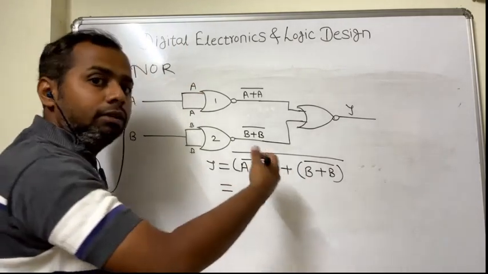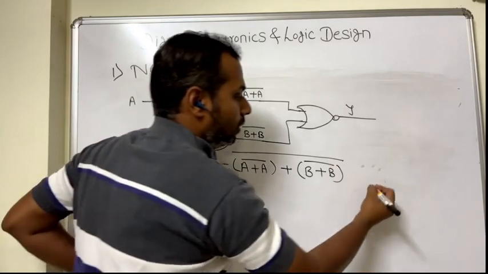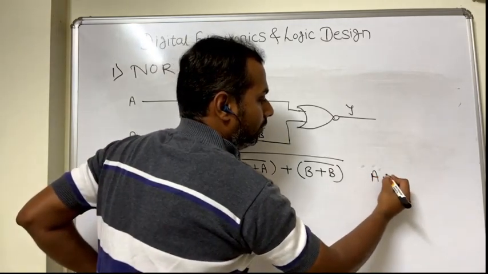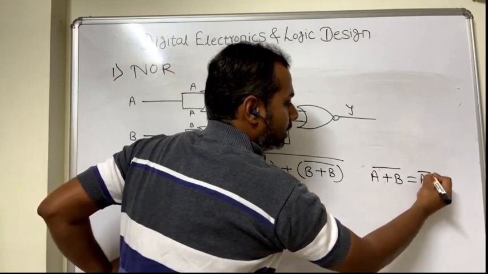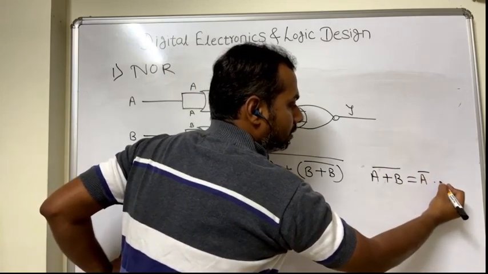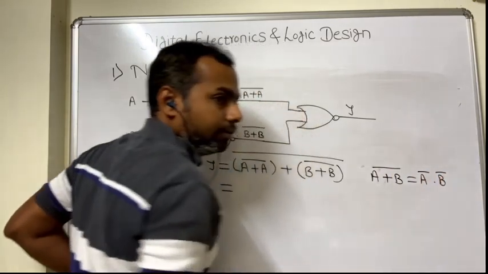So according to De Morgan's law theorem, what it tells, if we are having A or B whole complement, De Morgan's law theorem tells us complement of first term and complement of second term.